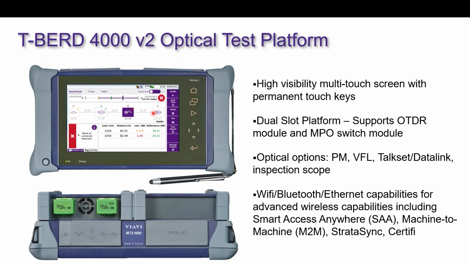So it shows each individual event. It shows the distance to each one of those events, and then gives you all the information about it down below. The key with this T-Bird 4000 is we can put an OTDR module on one side and then put an MPO switch on the other side.